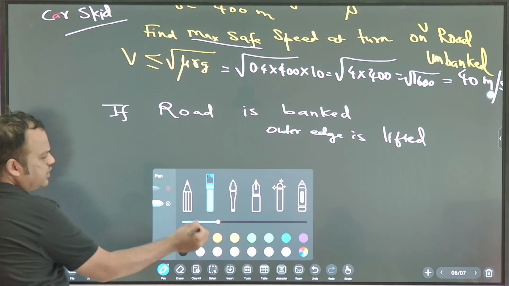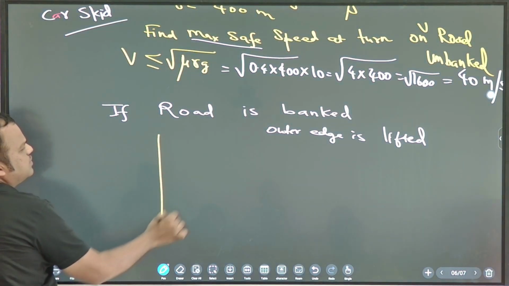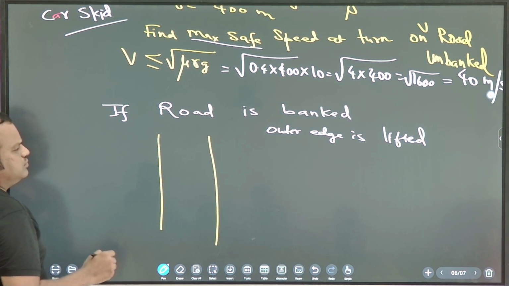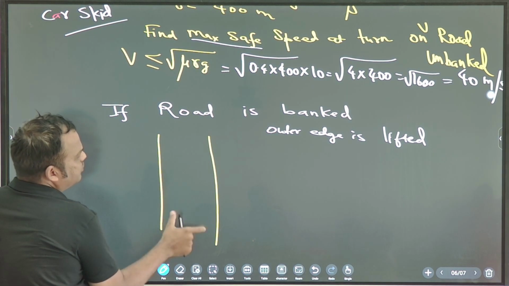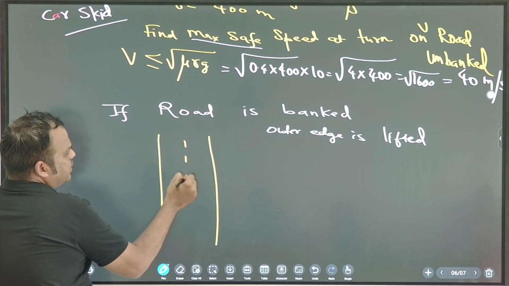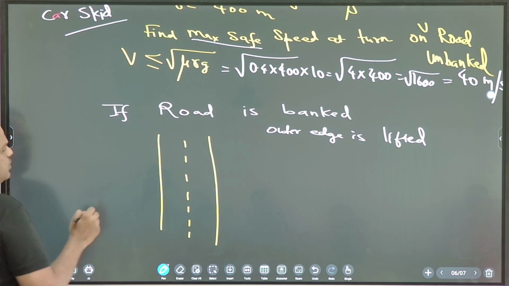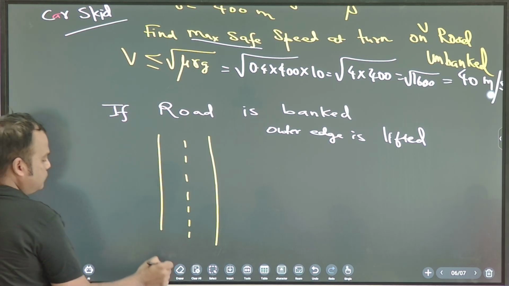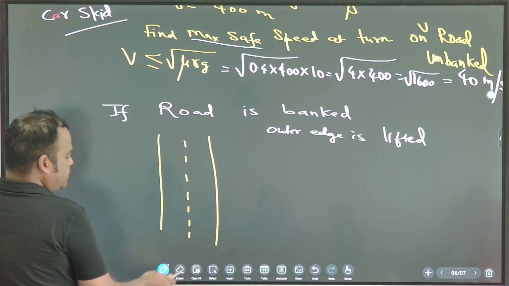You have seen a road, correct? If you go outside, you will see a road. The road is like this. What is the color of the road? Black. So this is a black road. This is the road, correct or not? So now it is taking a turn. So this is the outer edge.